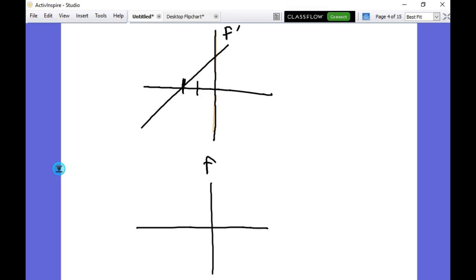Jonathan, what can you tell me about f? Good. It's a parabola. Jillian, what more can you tell me about f? Okay, I agree. Heather, what more can you tell me about f? Like, that wasn't easy for me.